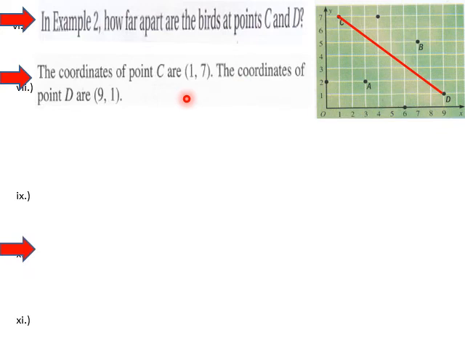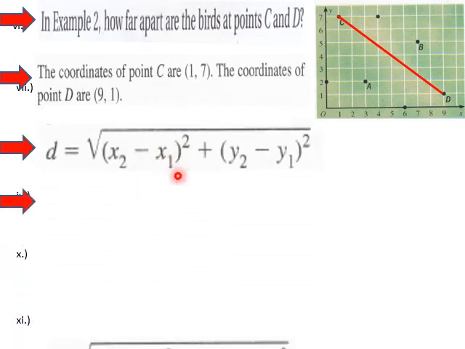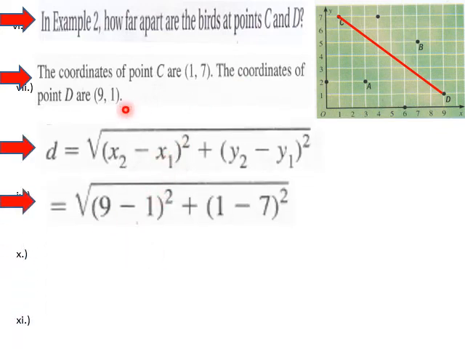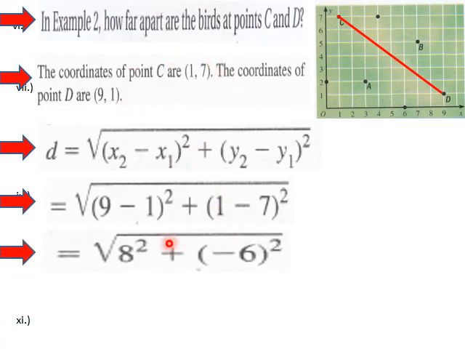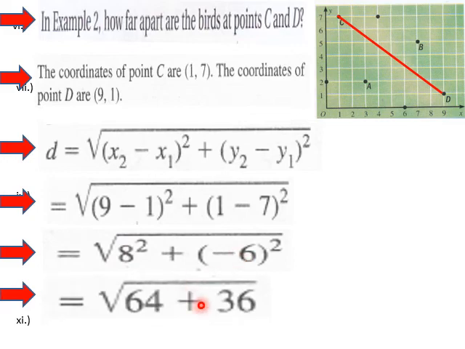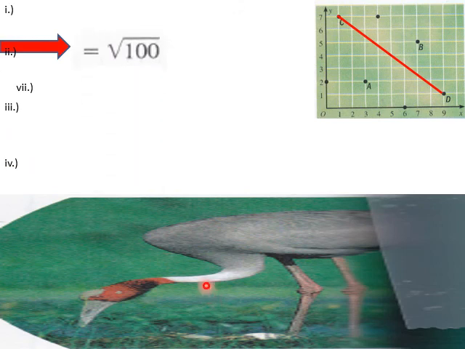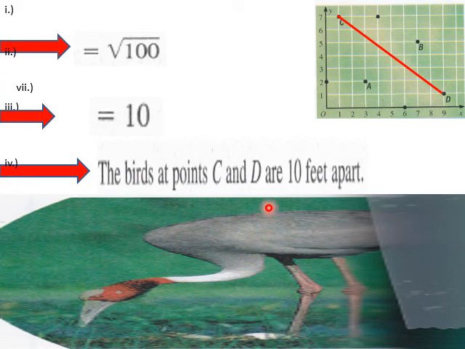We plug that into our distance formula: 9 minus 1, 1 minus 7, 8 squared plus -6 squared, which is 64 plus 36. That's the square root of 100, which is 10. So the two birds are 10 feet apart.